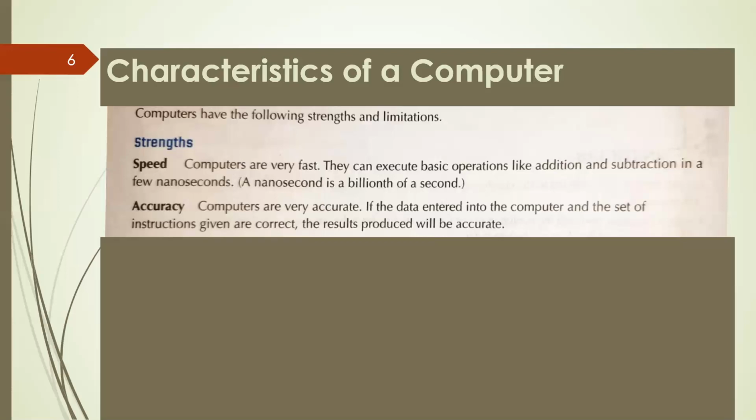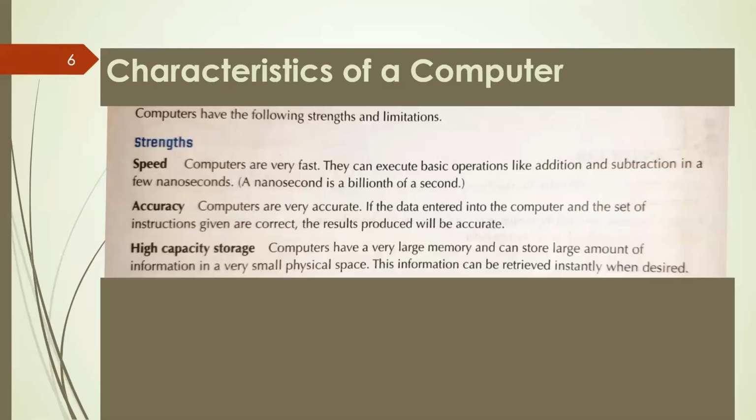But if you give the wrong instruction and expect to get the correct output, then the computer will not give you the accurate output. So the second characteristic is accuracy. Computers always give accurate output. Okay, so let us move to the next point, which is high capacity storage.